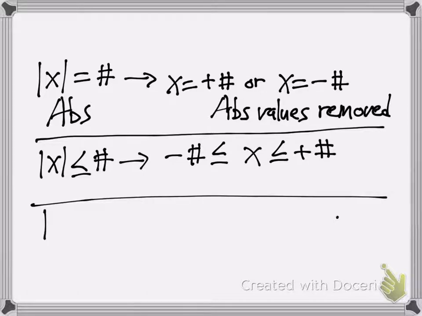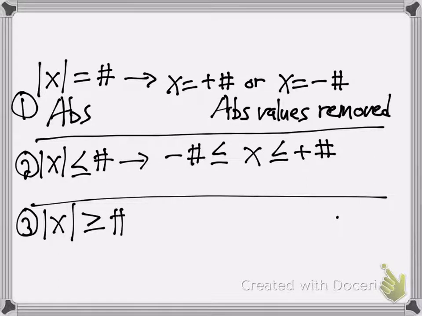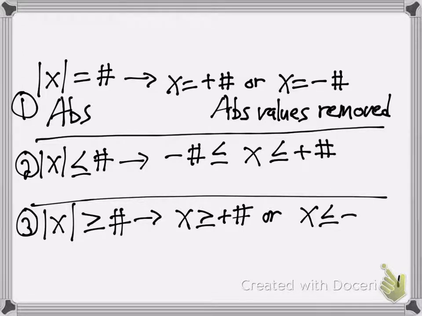And finally, third case, absolute value greater than or equal to a number. See how there's 3 cases here? That will mean x is greater than or equal to the positive number, or x is less than or equal to the negative version of the number.